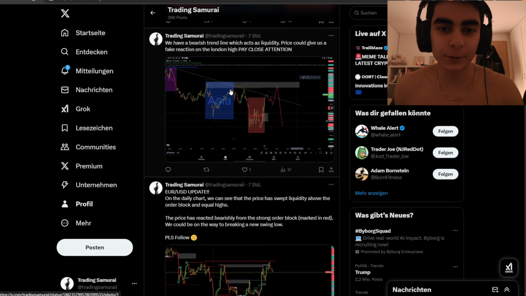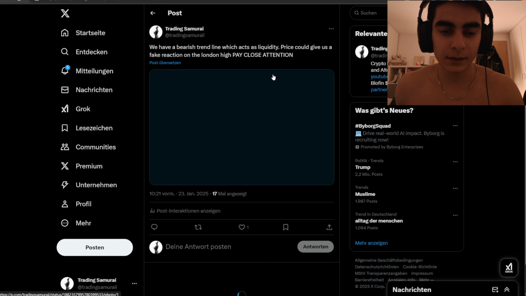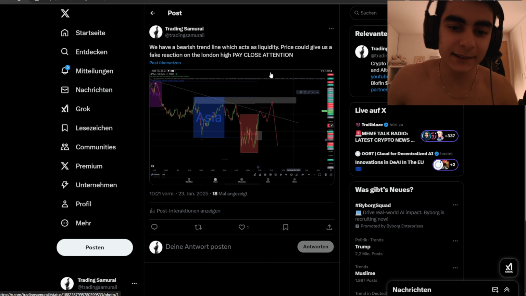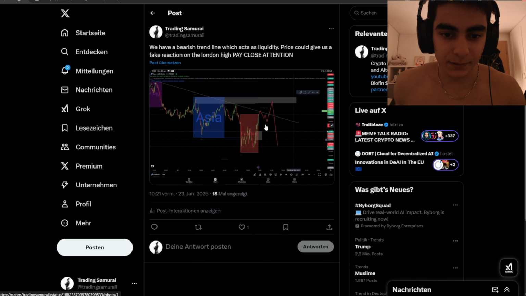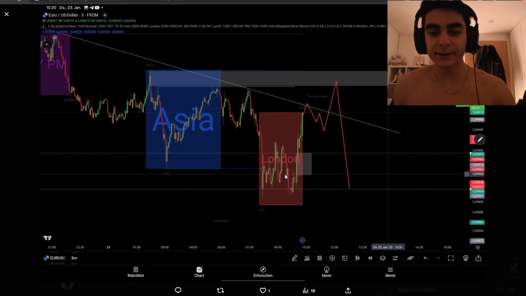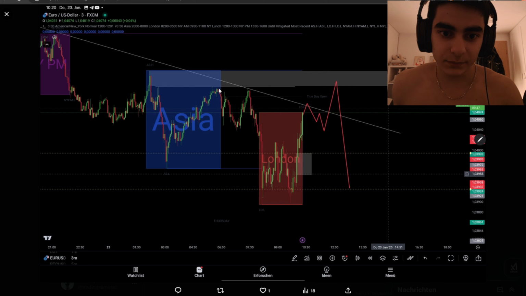What I posted afterwards, literally a few minutes after that, what we could see is that on London session, we broke higher and came back into this order block. What I saw was these equal highs, which act as liquidity.